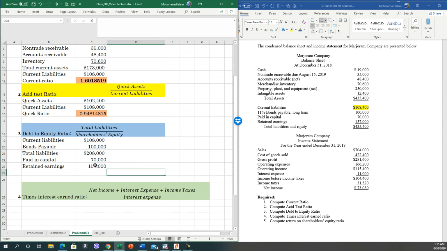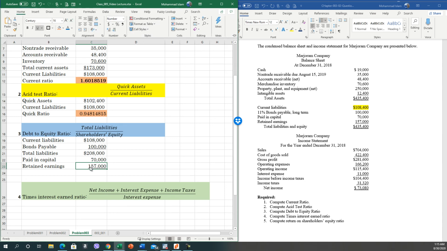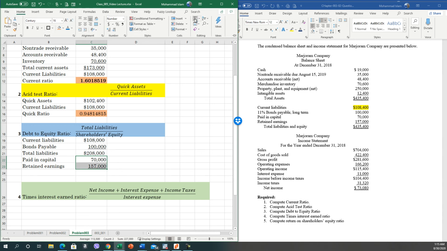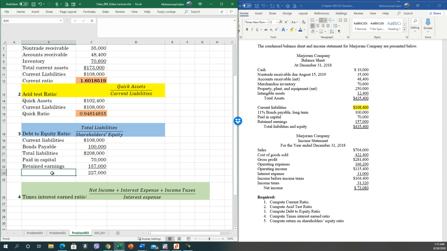Okay, so what we can do, we can auto sum this one as well. Okay, this is our total equity, you can say.